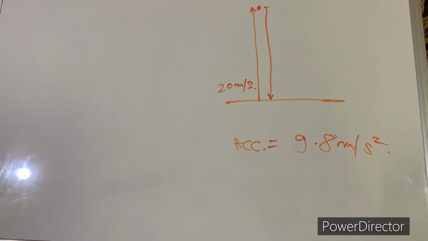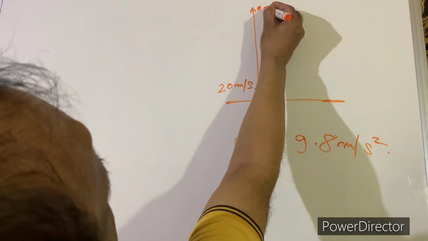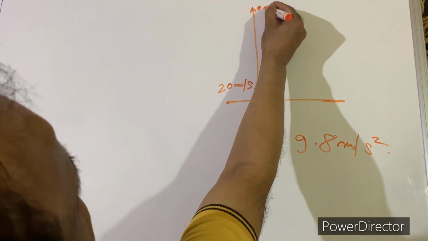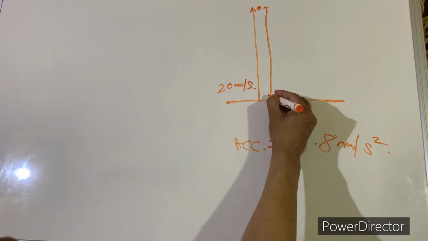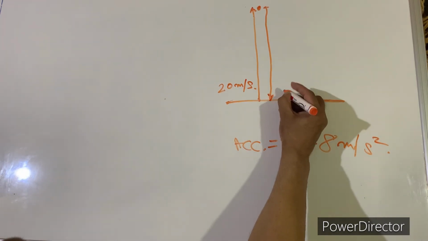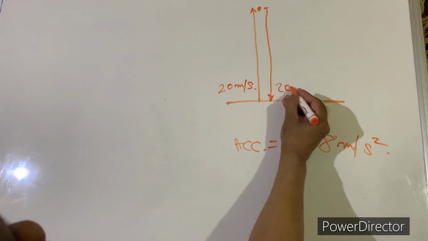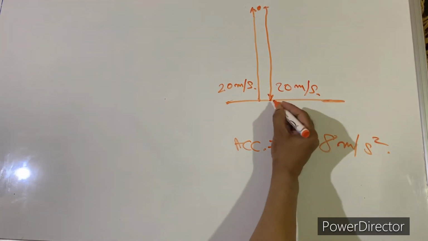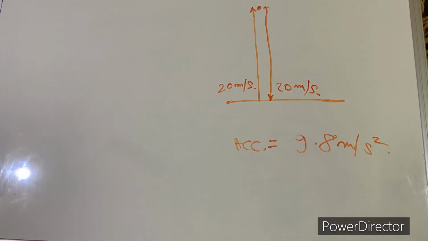Its value is 9.8 meters per second square. So when the stone comes up and then goes down again, remember that it will hit the surface of the ground with the same velocity with which it had gone up. So when it reaches the ground again, it will have a velocity of 20 meters per second.